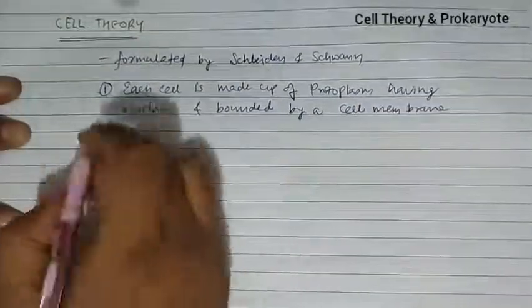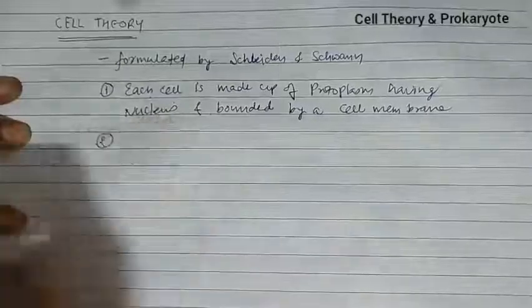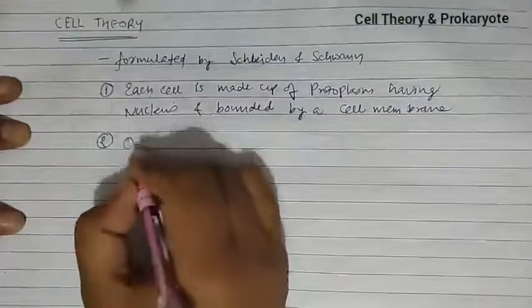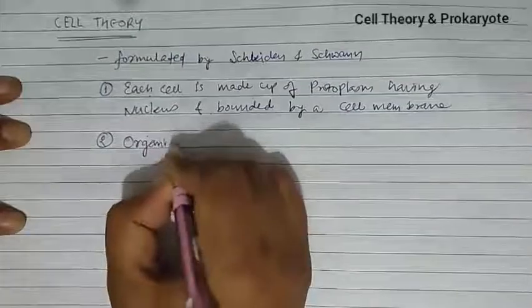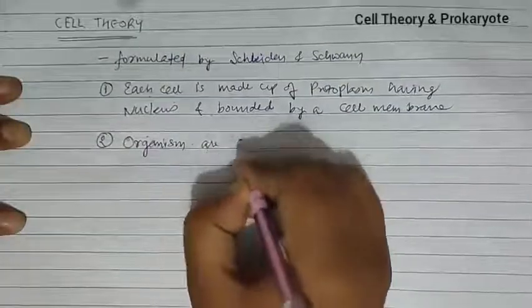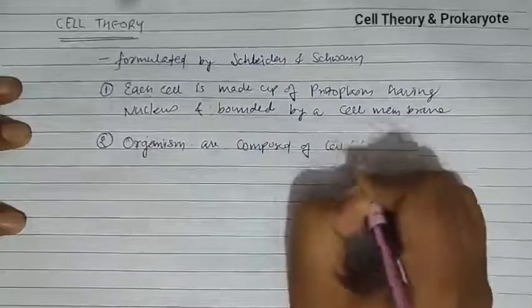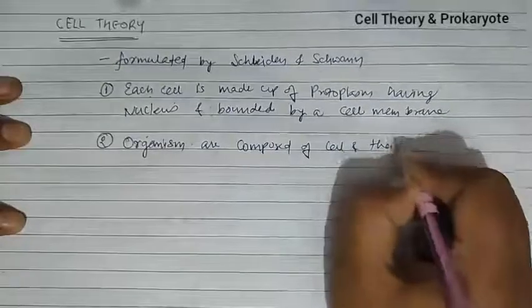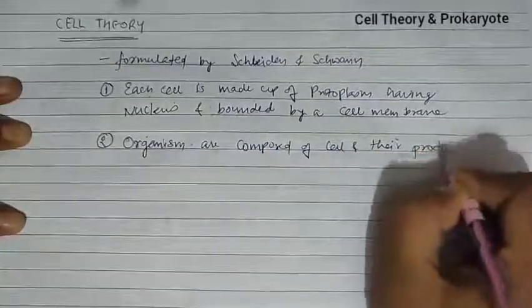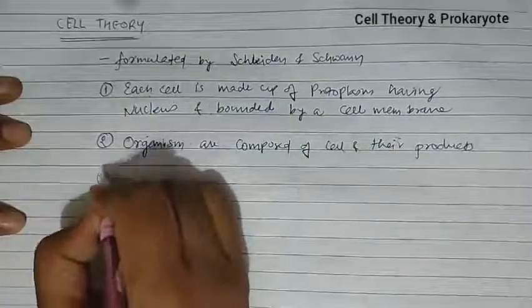So there is a presence of nucleus and cell membrane. Second, organisms are composed of cells and their products.